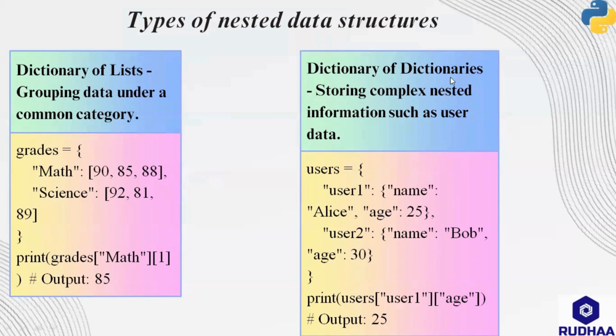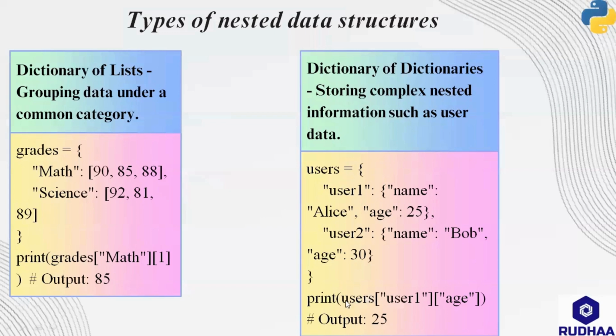Then we have dictionary of dictionaries. Dictionary of dictionaries is used for storing complex nested information, such as user data, human data. For medical data, we can use dictionary of dictionaries. So here we have two dictionaries, user 1 and user 2, put together in another dictionary called users.